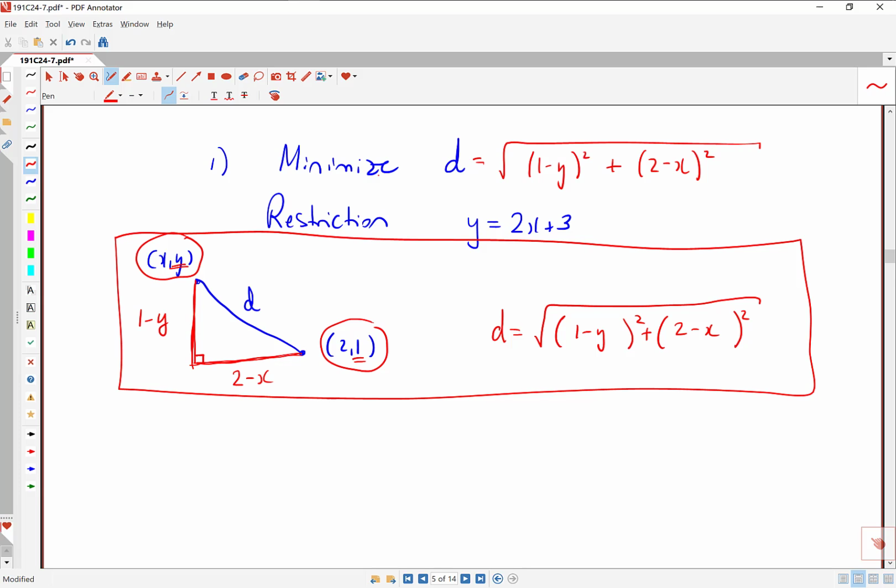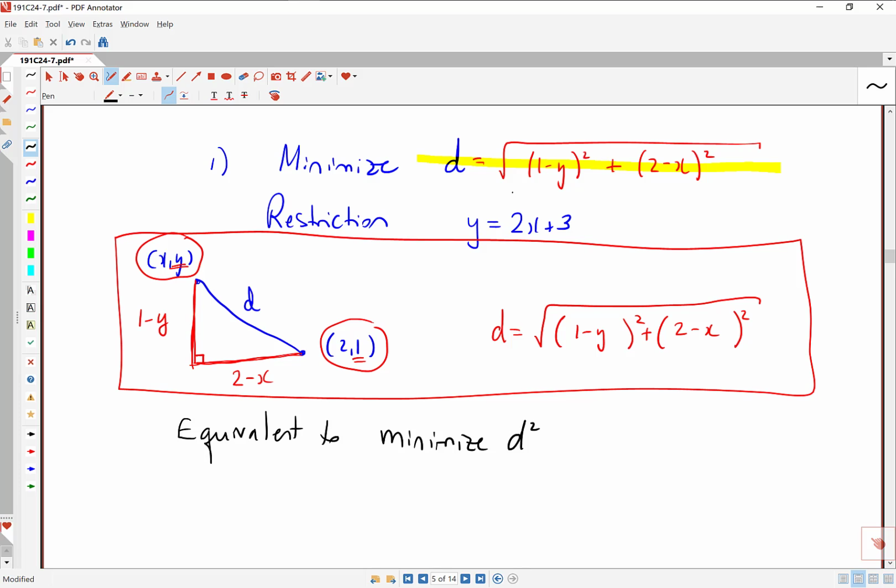Now, if we look ahead in the problem, we know that we're going to need to be taking the derivative of this function here, this d. And the fact that that has a square root in that is going to make the algebra a little complicated. So there is an equivalent way to proceed, a way that might make life a little bit easier. So it is actually equivalent to minimize d squared.